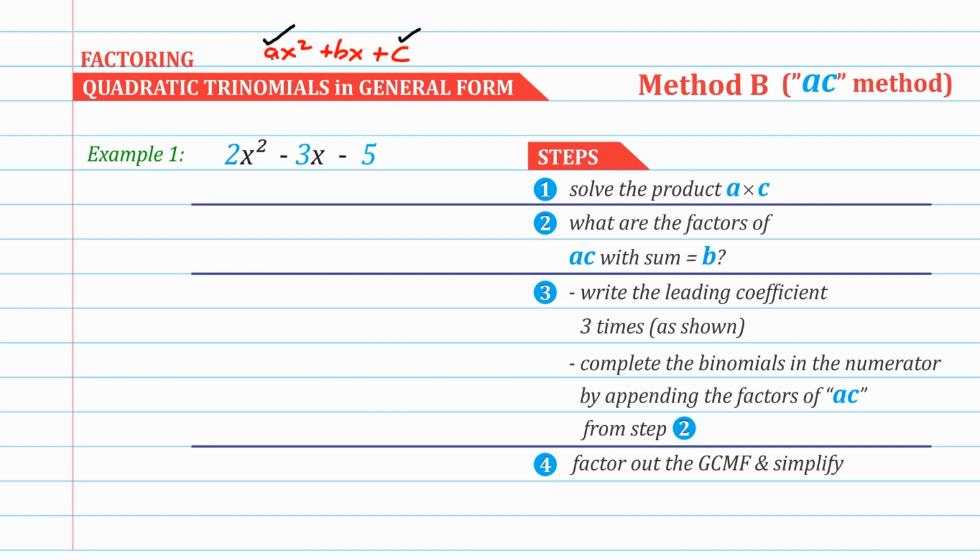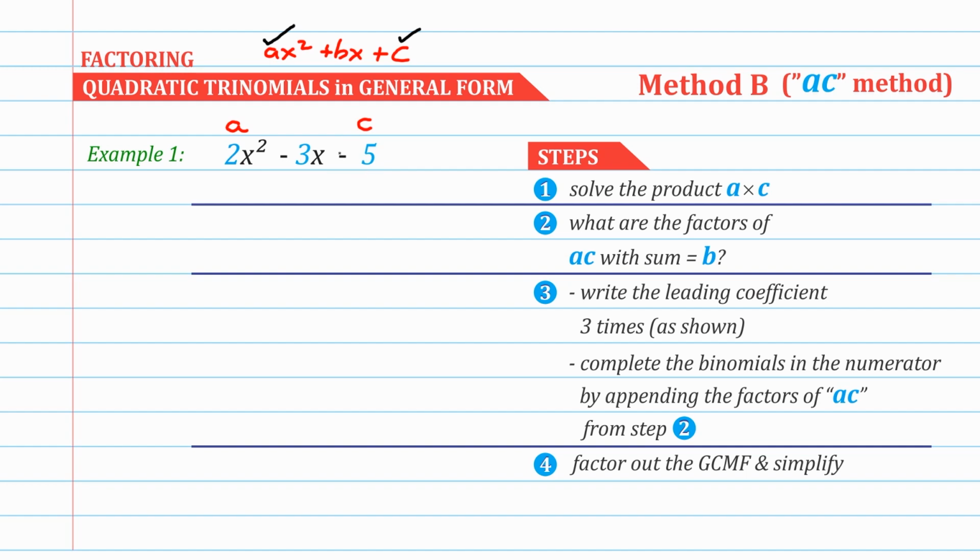These are the numerical coefficients of our first and the last term. So, in this case, a is equal to 2 and b is equal to -3, and c is equal to, correct, -5. Remember to always consider the sign before it. So a is 2 and c is -5.